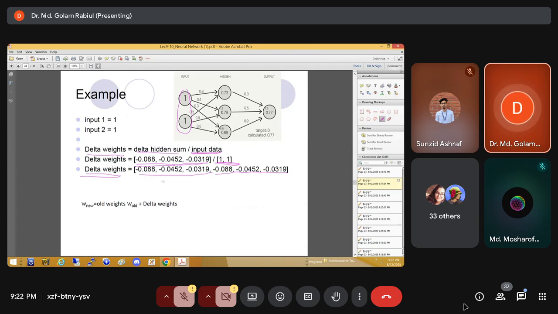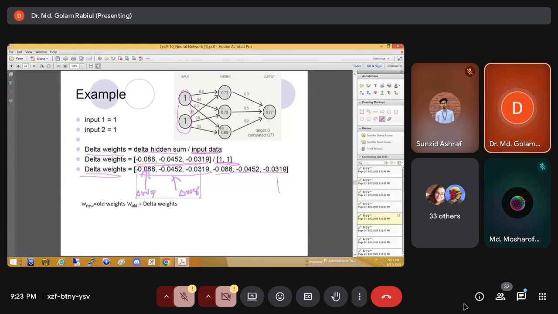So this one is actually our delta W7, this is our delta W8. That is the rate of change of W8, not W7.